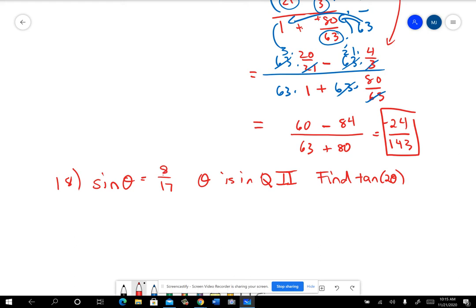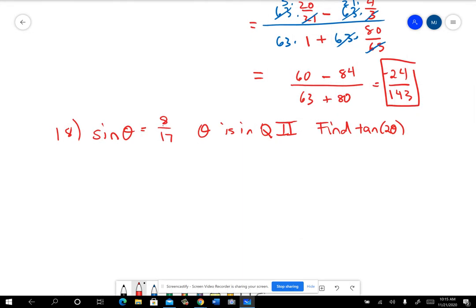Okay, so you have to be careful on this one sometimes. What you're going to wind up doing here is using the formula. So go find the formula. It says tangent of 2 theta equals 2 times tangent theta over 1 minus tangent squared theta.